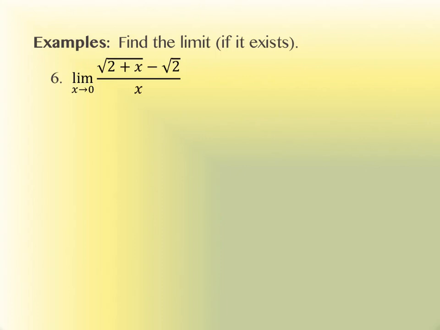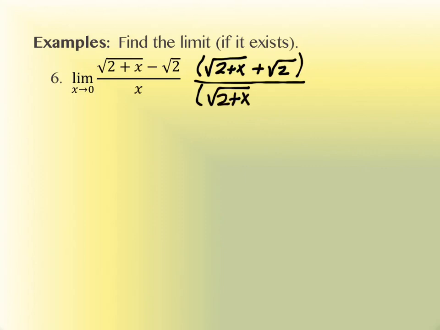Good. All right, so I'm going to take that numerator and multiply it by the exact same value with the opposite sign between, and we call that the conjugate of the first value. And of course, just like in anything else with fractions, whatever you do to the numerator of a fraction, you must do to the denominator for the values to stay the same.